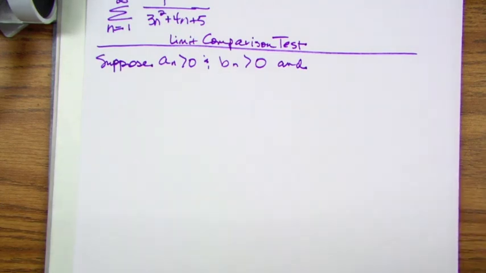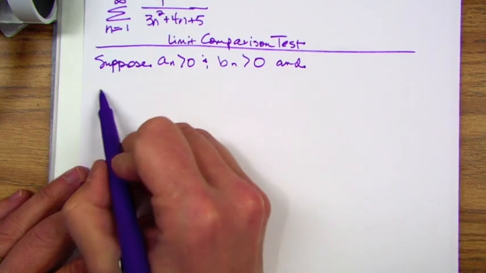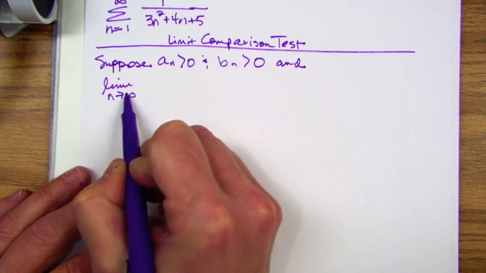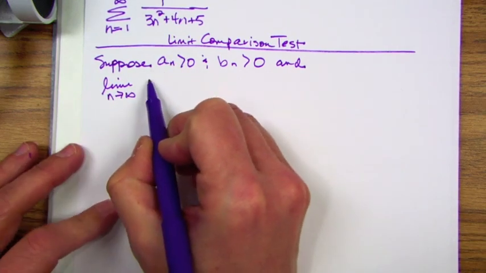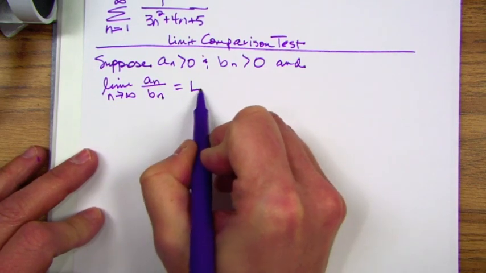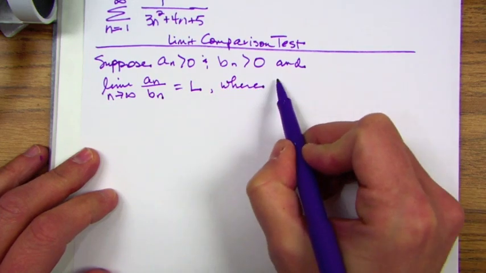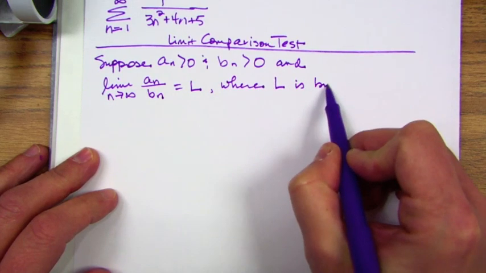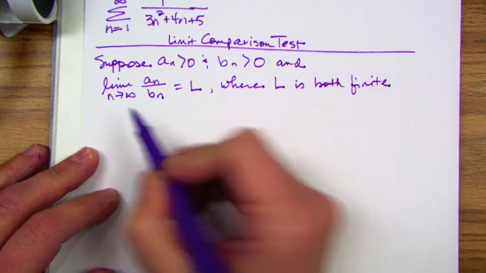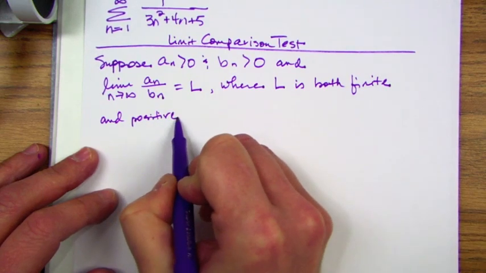So suppose a sub n is greater than 0 and b sub n is greater than 0, and the limit as n approaches infinity of a sub n over b sub n equals L, where L is both finite and positive.